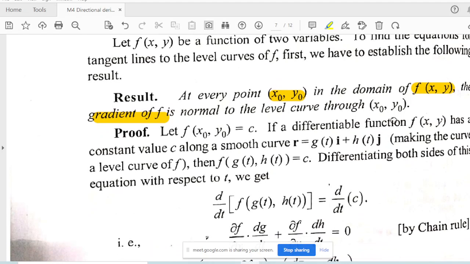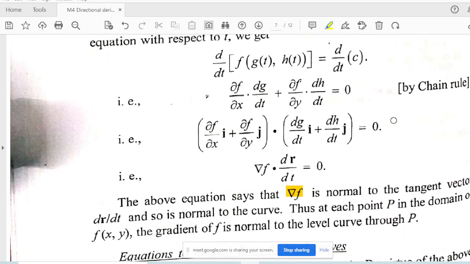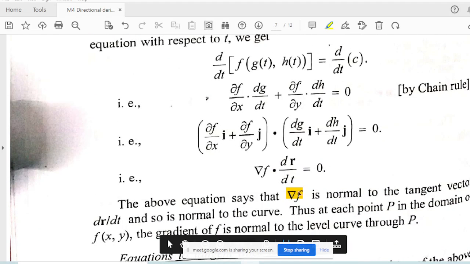So the idea is that when we say level curve, here it will be our surface, because f of xy is what we are considering here. So it is a surface. So the idea is that nabla f is always a normal vector to our level curve. So nabla f is always normal to f.